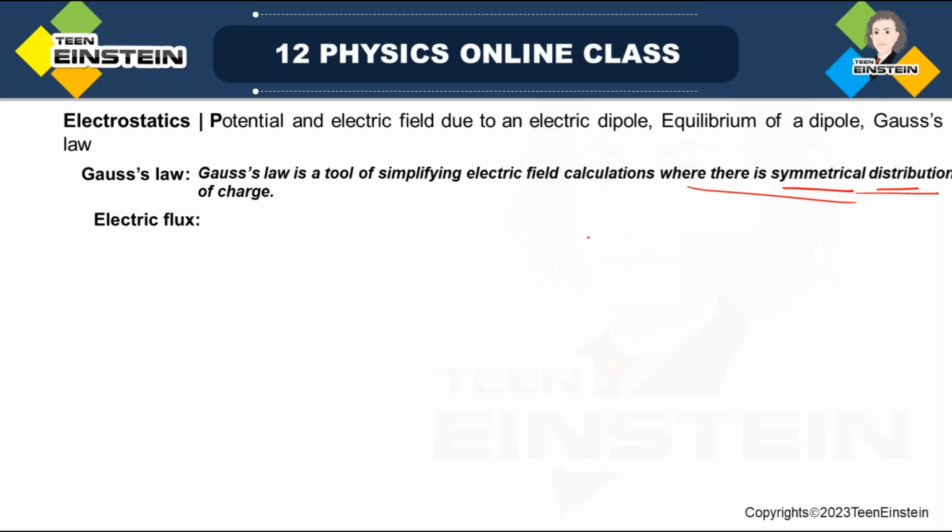Using Gauss's law, you can find the electric field at any point. If I have a certain geometry like a sphere, cylinder, or plane, it is much easier to calculate the electric field due to that charge distribution, whether spherical, cylindrical, linear or planar.